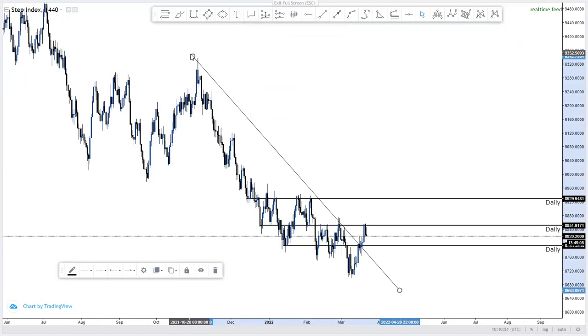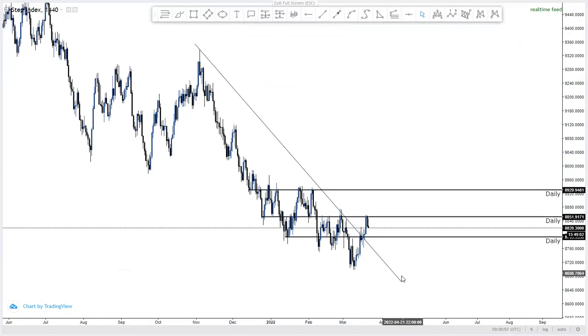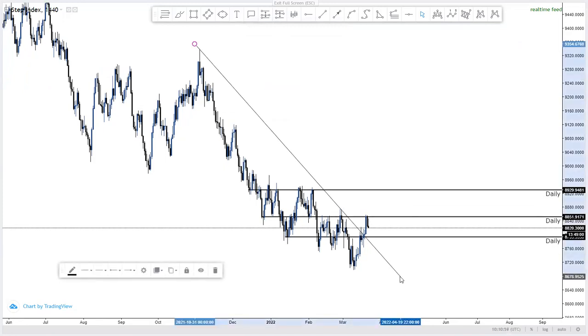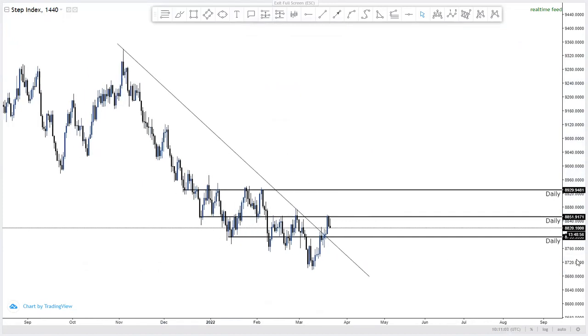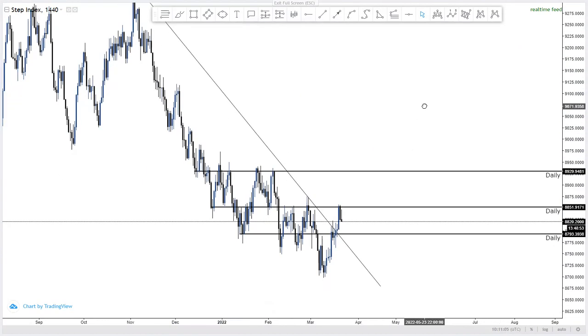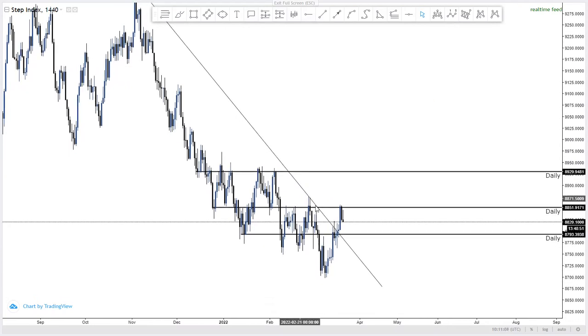Step index has been in a downtrend for a very long time now, and the downtrend has been broken here, because it was forming lower highs and lower lows.